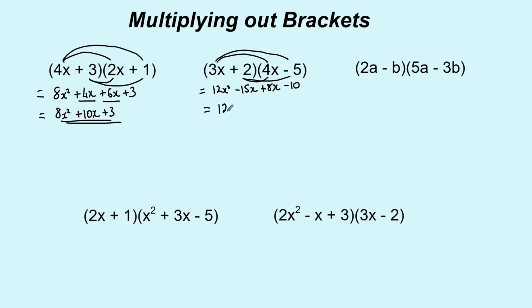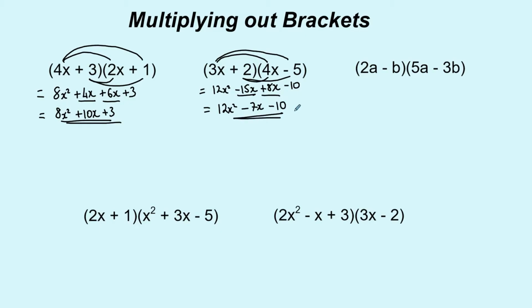Collecting like terms again, we've got 12x squared is the only x squared term. We've got negative 15x plus 8x. If we combine them, and be careful with your negative numbers, that's going to give us a negative 7x in the middle, and the minus 10 is our number term at the end.